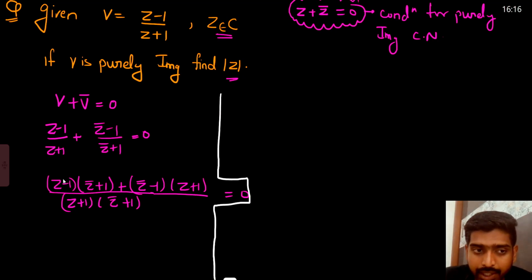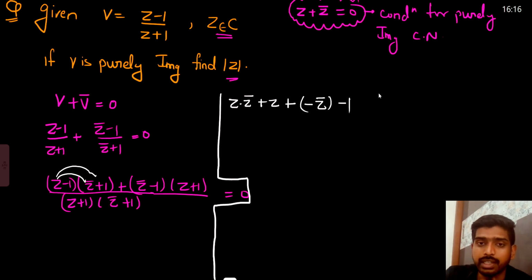So now we'll multiply. If we multiply, we will get z multiplied by conjugate of z, that is z z bar, and again z multiplied by 1 is z, plus minus 1 multiplied by conjugate of z is minus conjugate of z, minus 1. Minus 1 multiplied by plus 1 is minus 1.